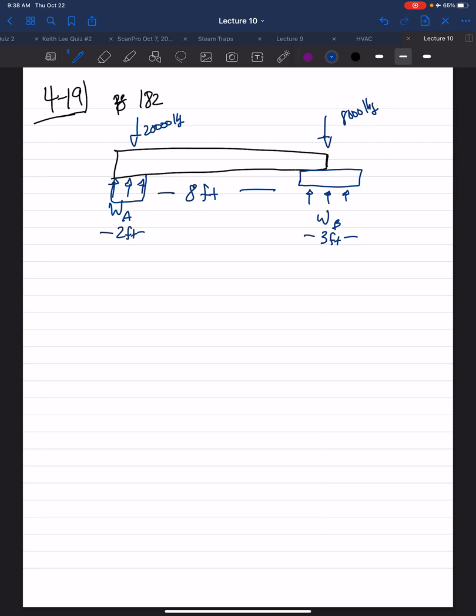Okay. So if we take the sum of the moments about point A, set it equal to 0, static equilibrium.